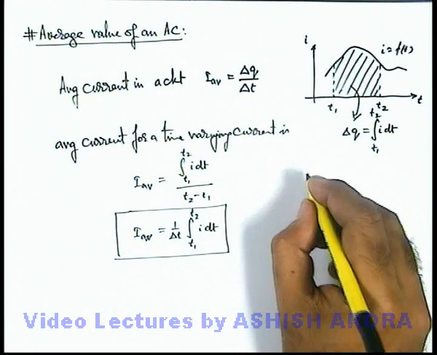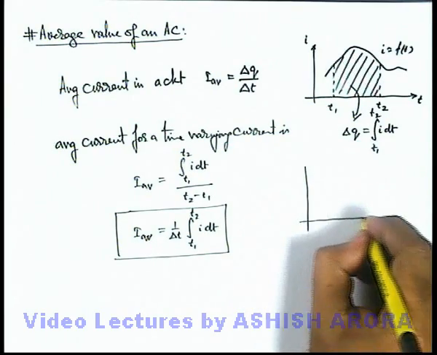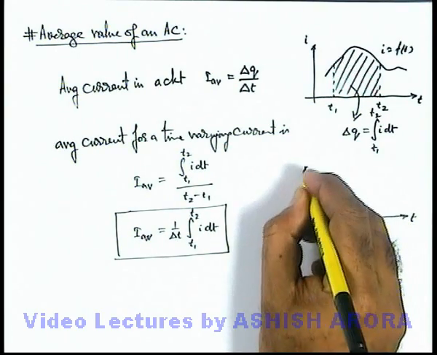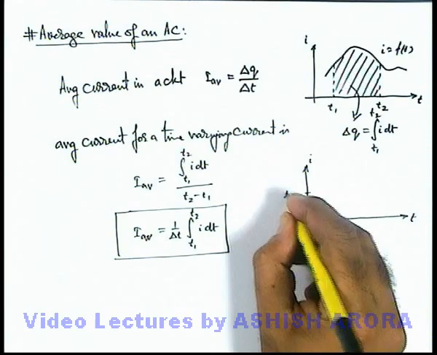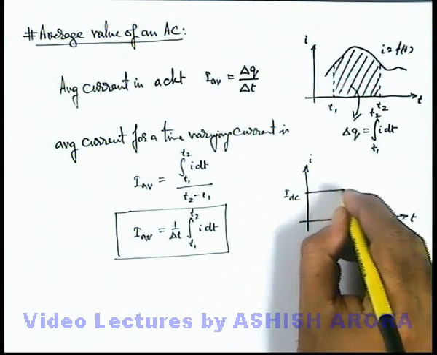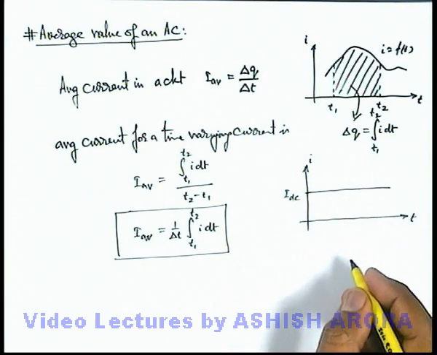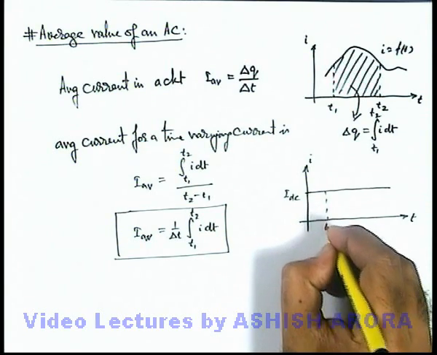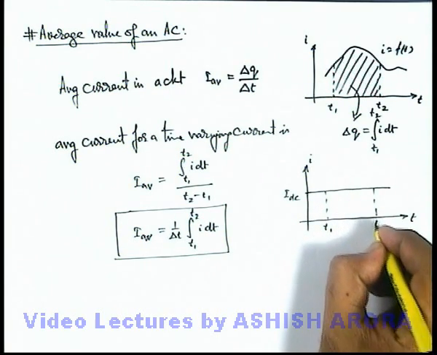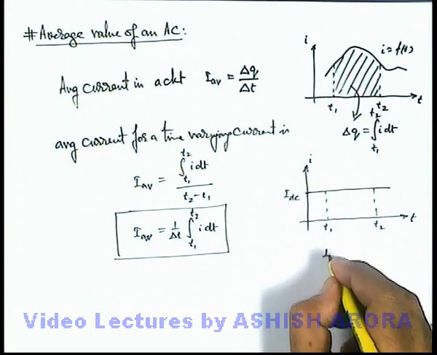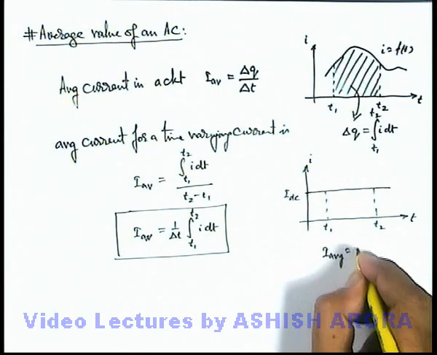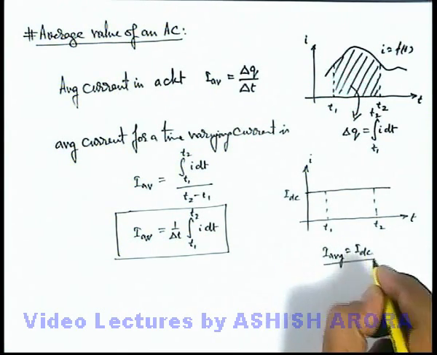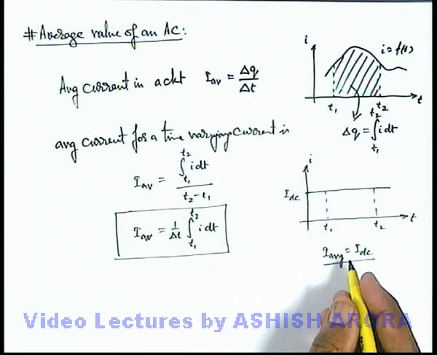But you must also understand that if in a circuit a direct current is flowing, we know the value of I dc never changes with time if it is a pure direct current. So for any circuit between any duration, the average value of current is always equal to the value of DC current because it never changes with time.